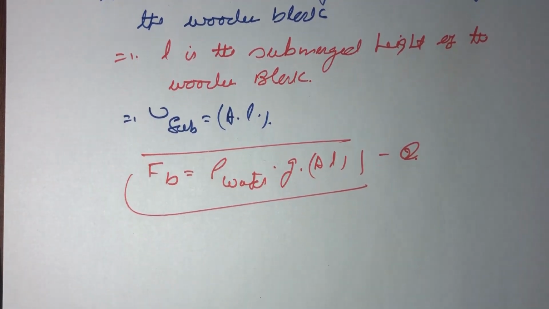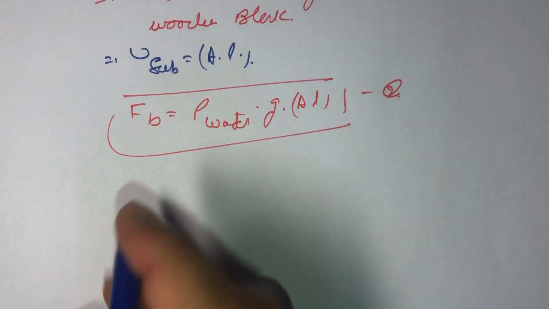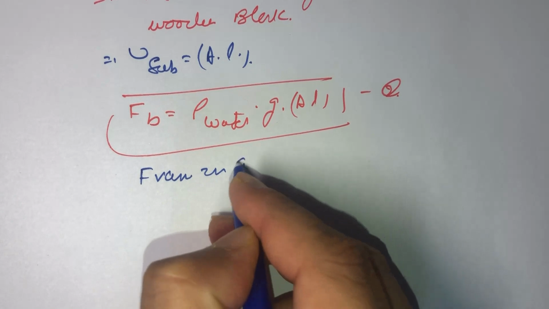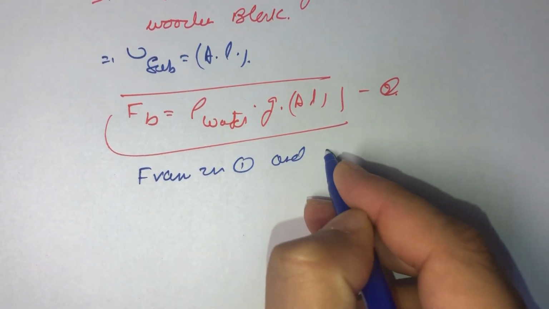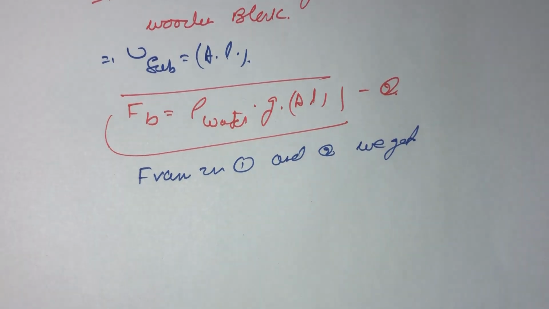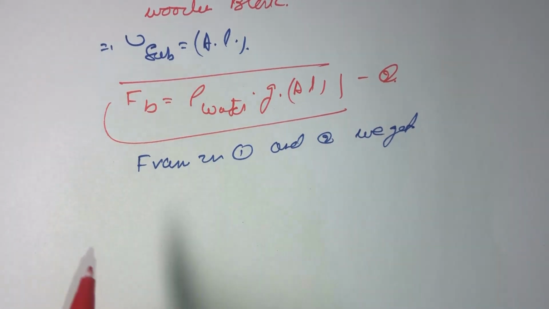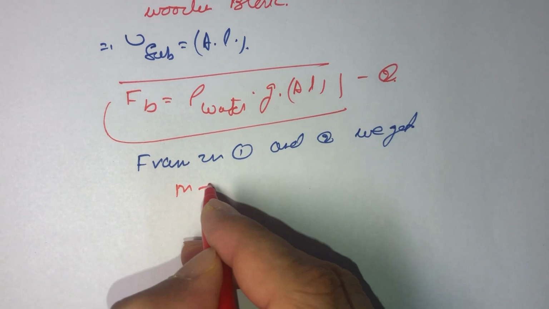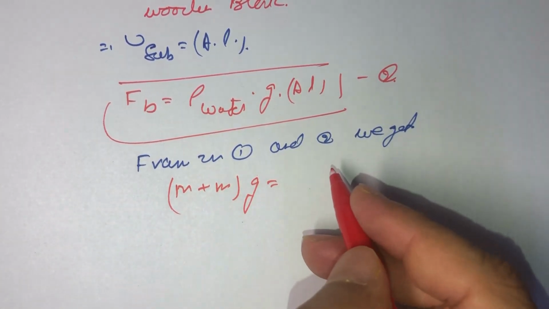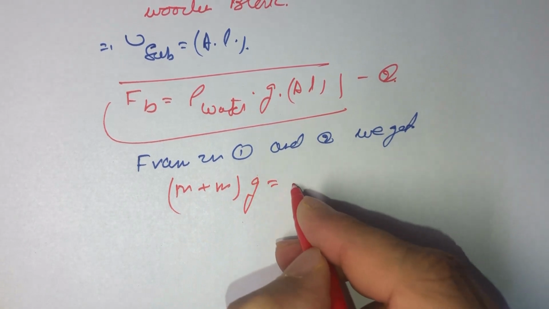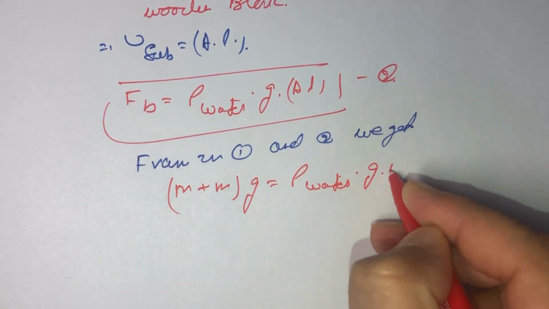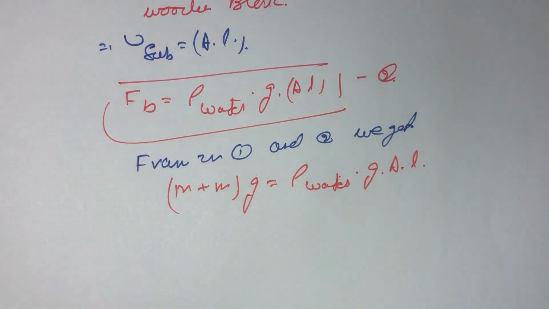Comparing equations 1 and 2, we get capital M plus small m multiplied by g will be equal to density of water multiplied by g multiplied by area into length.